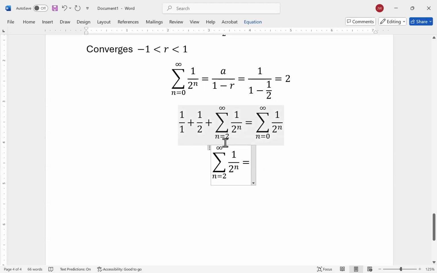So if I start my summation at n equals 2, then the summation from n equals 0 is just lop off the term where we plug in 0, lop off the term where we plug in 1.